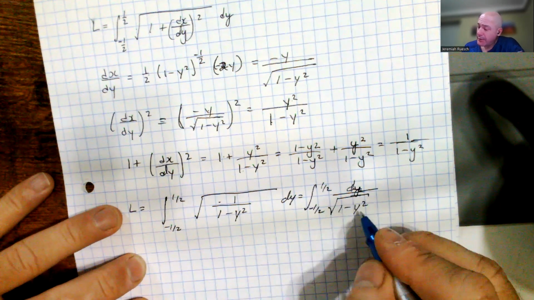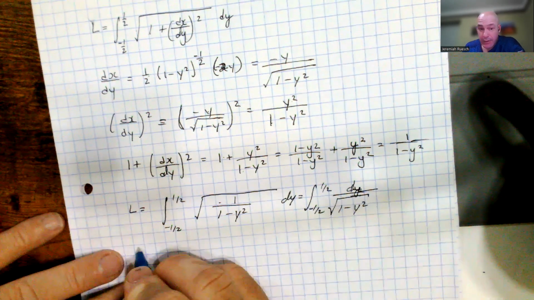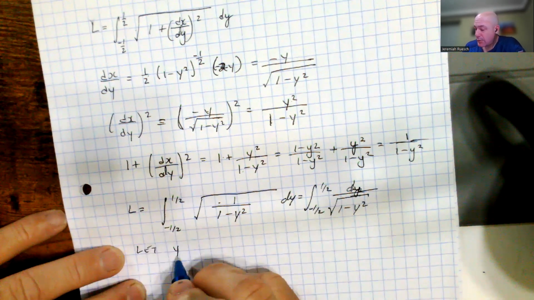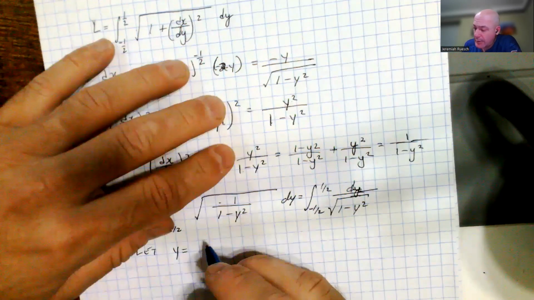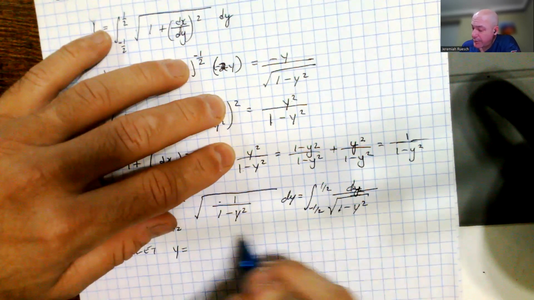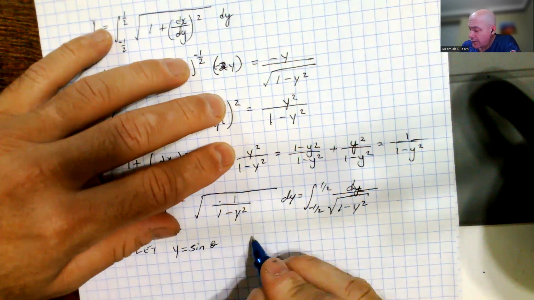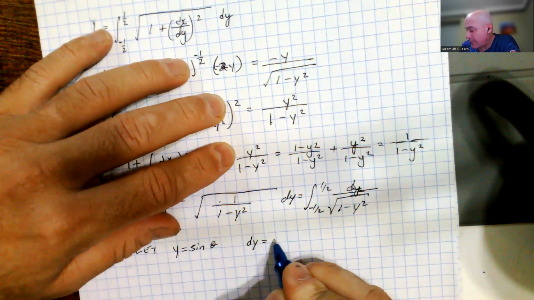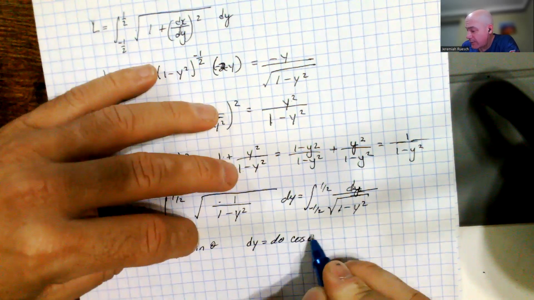In fact, it's screaming at us to let y equal sine of theta, since this is a 1. That gives me dy equal to cosine theta d theta, since the derivative of sine is cosine.